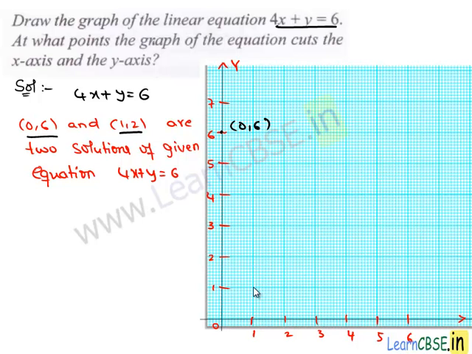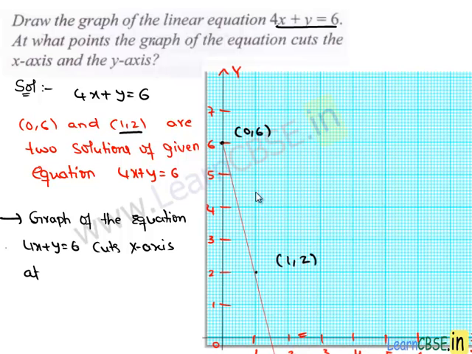It is somewhere here. So we take here as distance 1. Since the y coordinate is 2, the distance of this point from x-axis is 2. Here is the point 1, 2. So now we draw a straight line passing these 2 points. And here we get the graph of the equation 4x plus y is equal to 6.